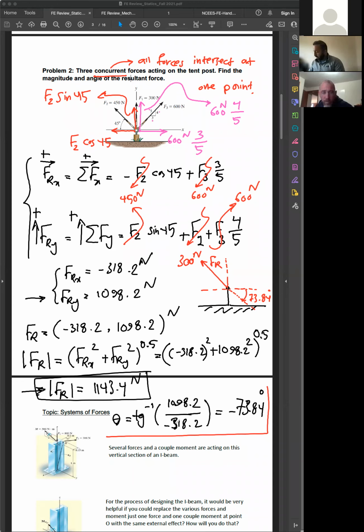So you are saying arctangent of 1098.2 over negative 318.2, or I'm sorry, for FRX. I got 450 times cosine 45 minus 450 times cosine 45 plus 600 times 3 over 5.